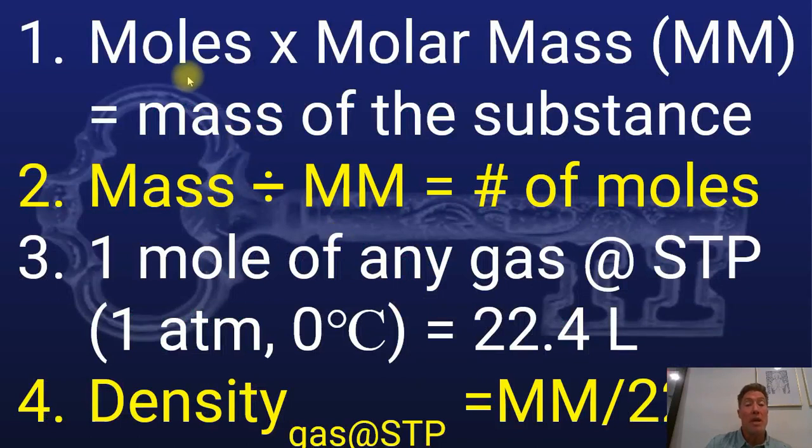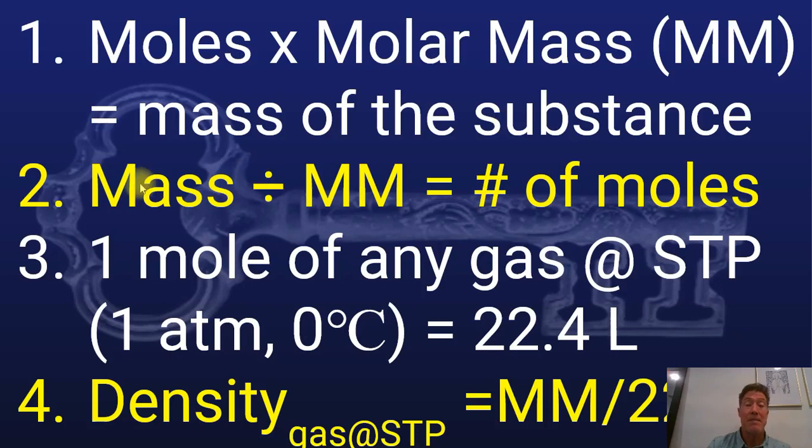So if we have moles and we multiply by molar mass, 1 mole of carbon times its molar mass of 12 gives us 12 grams of carbon. 3 moles of oxygen atoms times their molar mass of 16 would give us 48 grams of oxygen atoms.